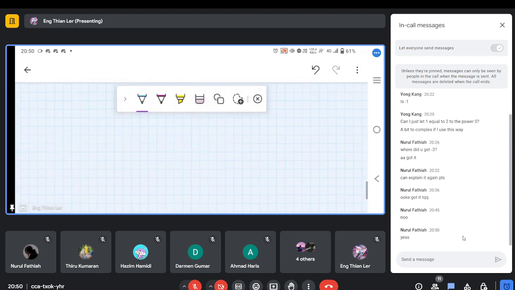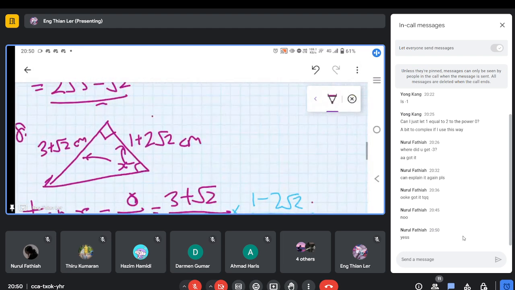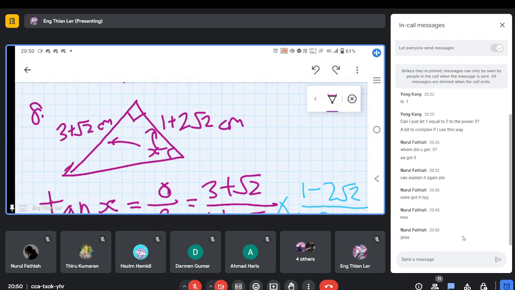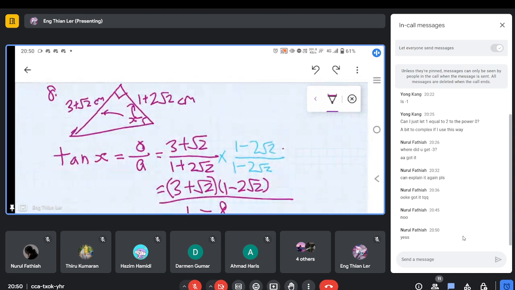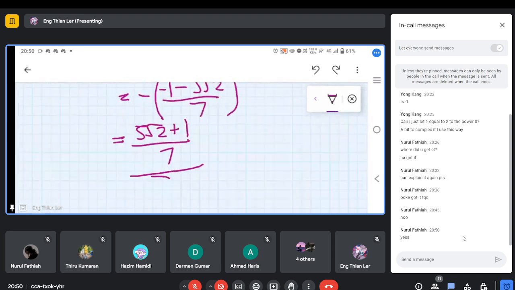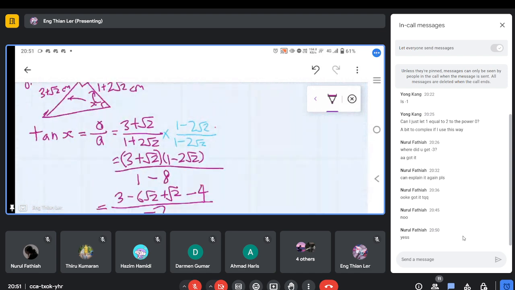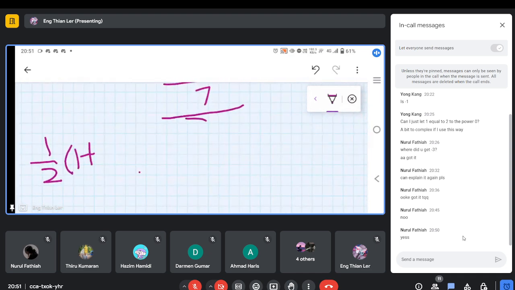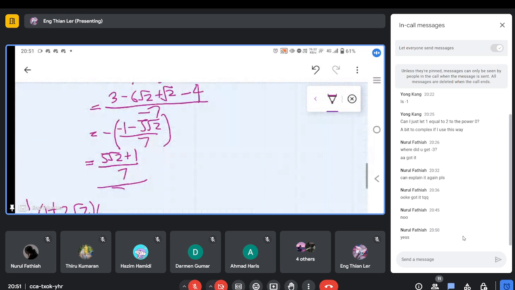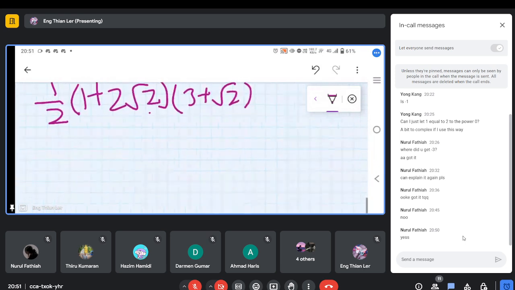So for part B, we need to find the area of this triangle. It's just base times height, and don't forget the 1 over 2. So it is 1 over 2, base is 1 plus 2 root 2, times height, 3 plus root 2. Okay, good.